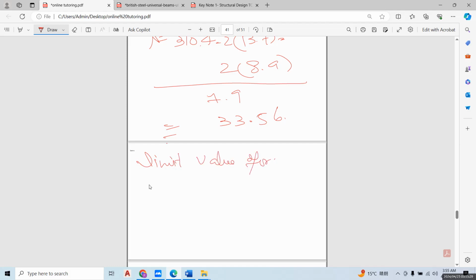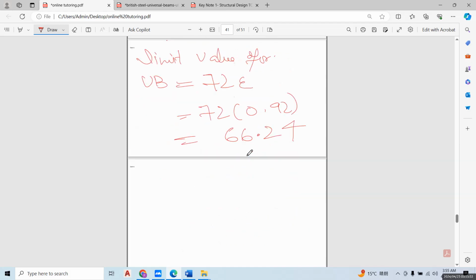So now your limiting value for UB section, just remember that your limiting value for UB section is equal to 72ε. So your 72 and 0.92, so this is equal to 66.24.